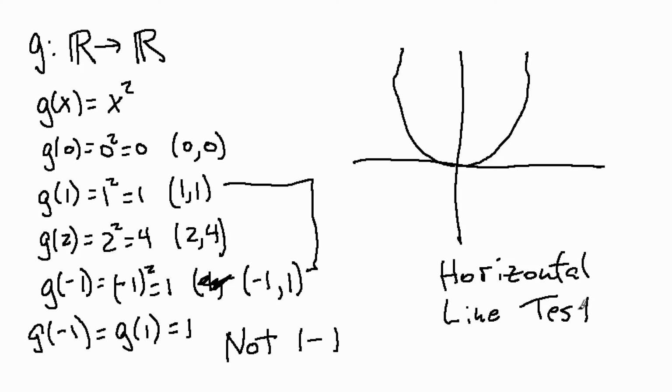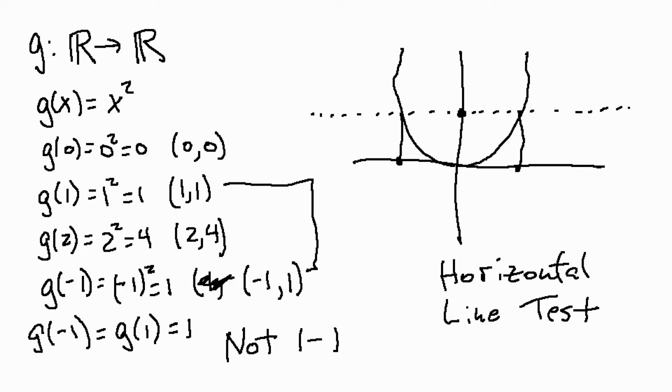And for it to be 1 to 1, it has to be the case that wherever I draw a horizontal line, it should only hit the graph once. And notice over here, it's hitting it twice. In other words, we have the same y value right here that corresponds to this x value here and this x value right over here.